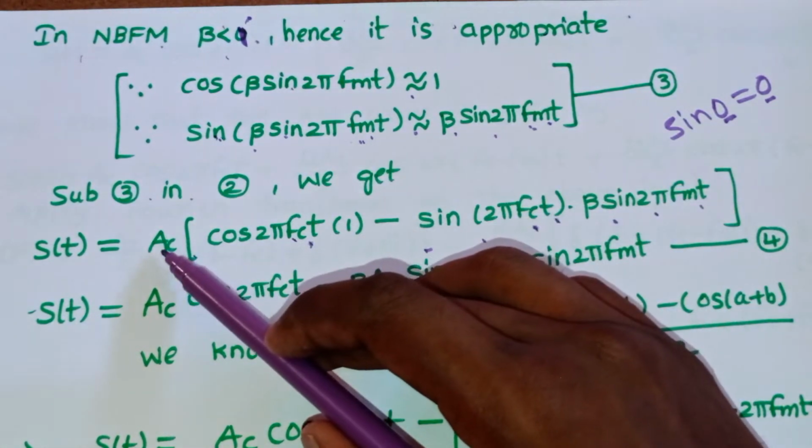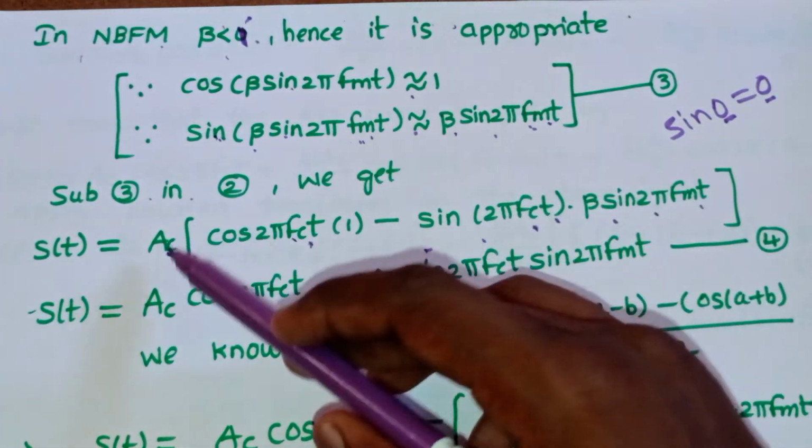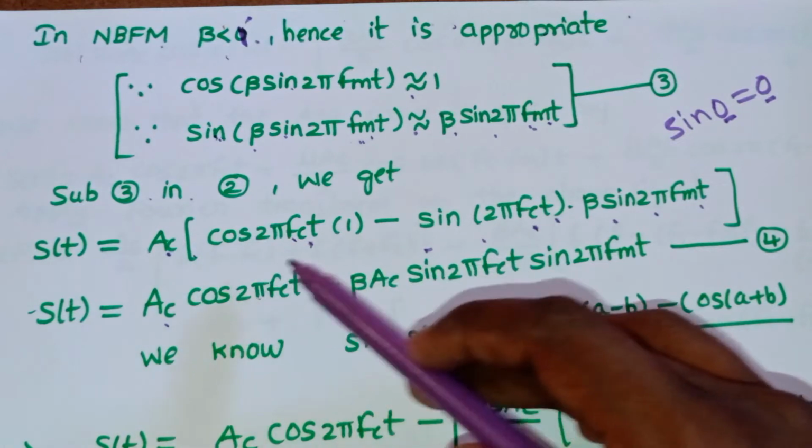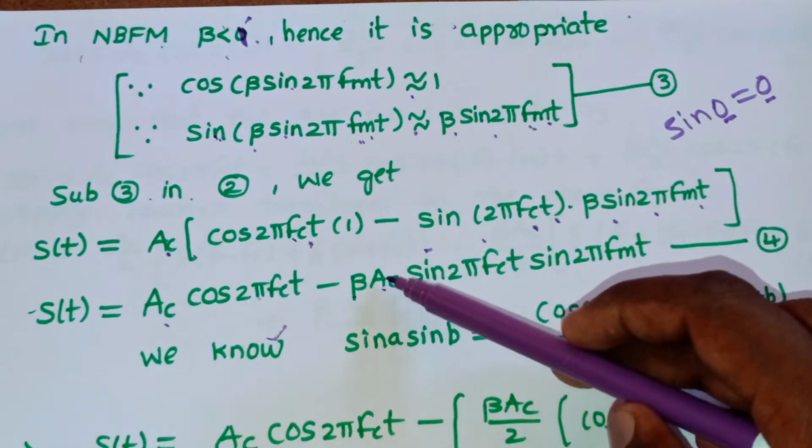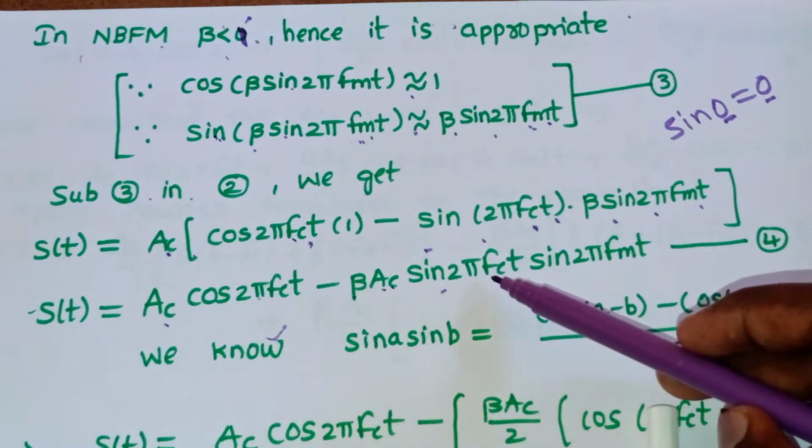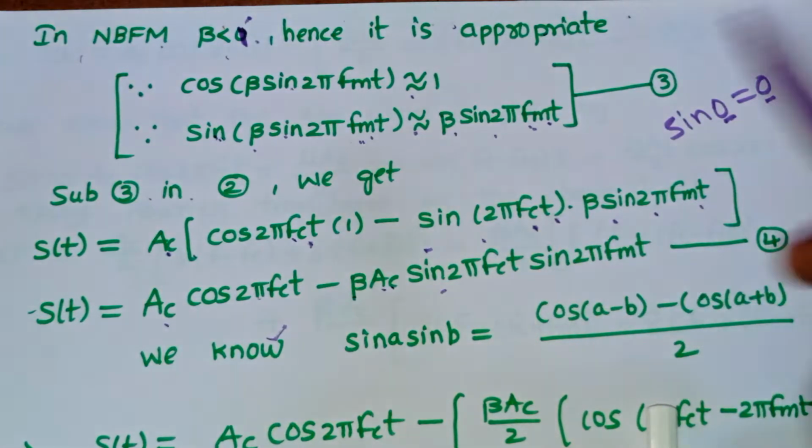Now multiply Ac into the inner terms, that is Ac cos 2 pi fc t minus beta Ac sin 2 pi fc t sin 2 pi fm t. Consider this as equation number 4.